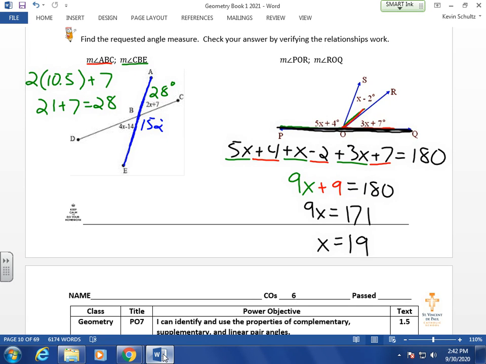So if x is 19, 5 times 19 plus 4 gives us 99 degrees here. SOR, x minus 2, 19 minus 2, would be 17 degrees here. And then ROQ, 3 times 19 plus 7, 64 degrees there.